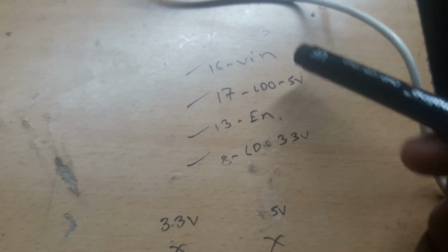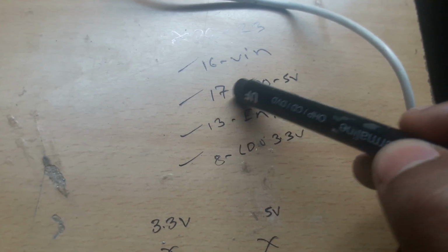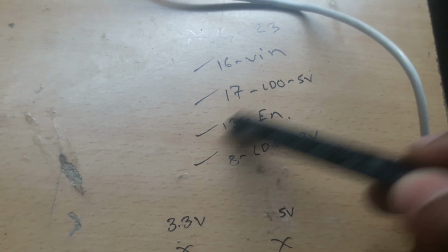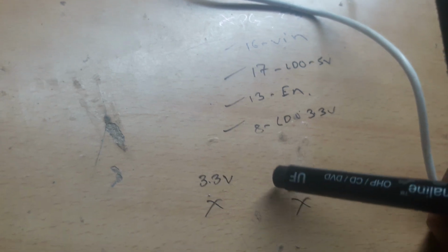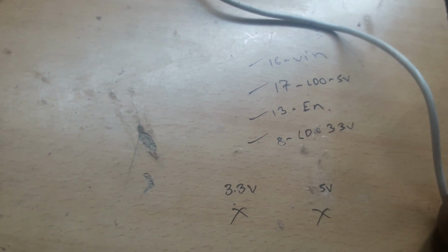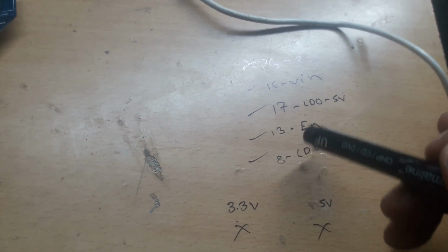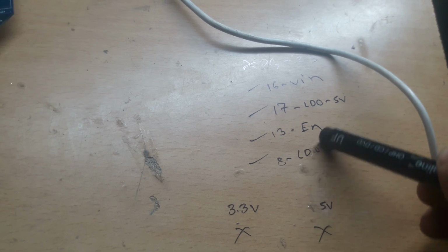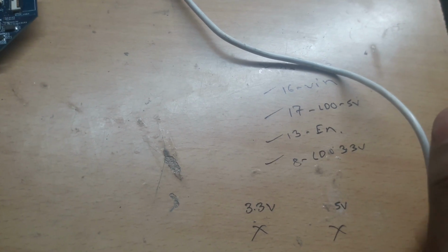So in my case, as you can see, VIN was available, 3.3 LDO available, 5 volt LDO available, enable available. But I was not getting this voltage, and the IC was taking 50 milliamps as input current. Whenever the IC is getting its requirements, it should consume nearly 10 to 15 milliamps.